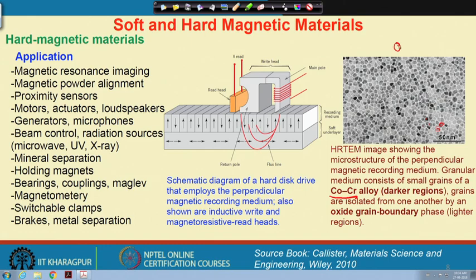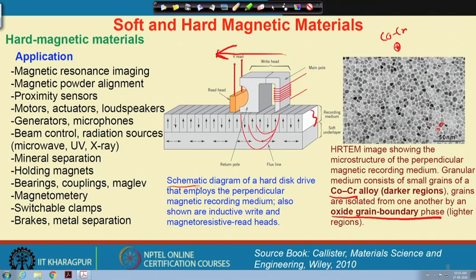The grain here is cobalt chromium and the matrix region is another oxide grain boundary phase, the lighter region. So, here this is a granular type of microstructure, and we basically pass a writing head over this kind of magnet and orient these magnetic spins, which is used as a recording medium.